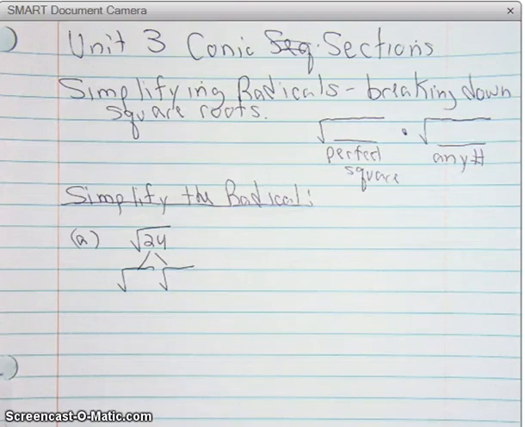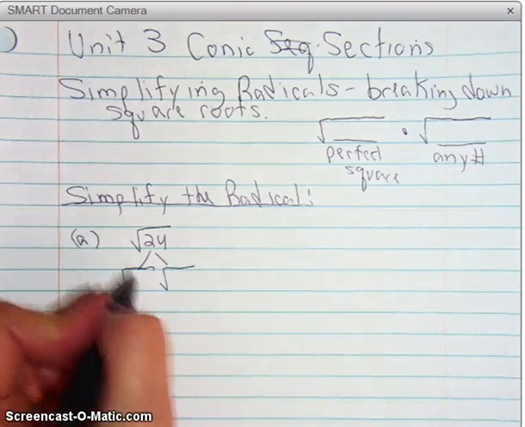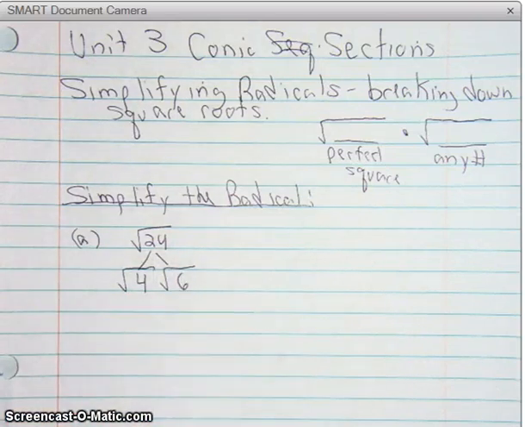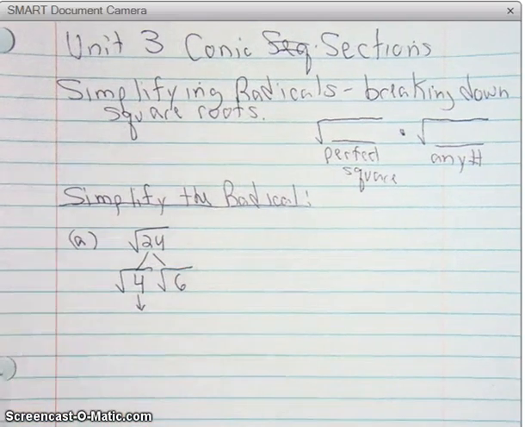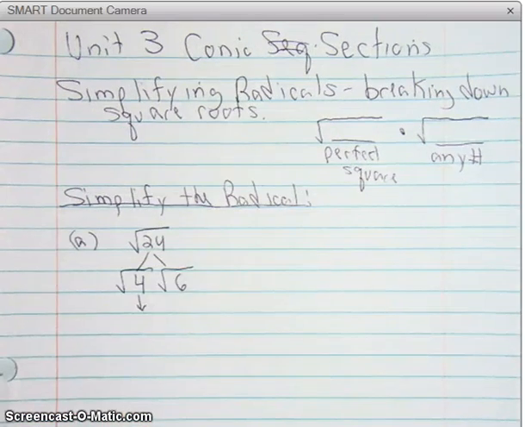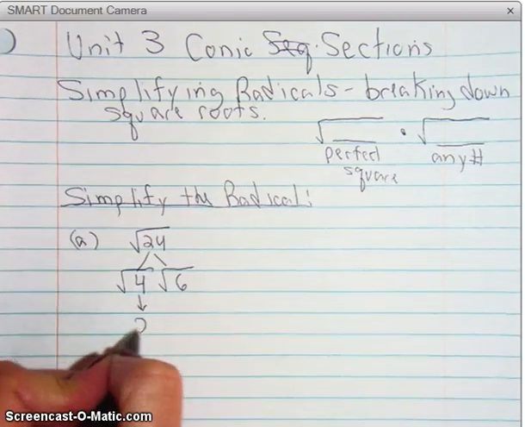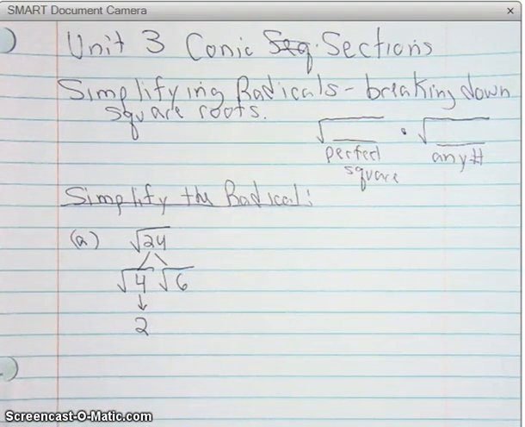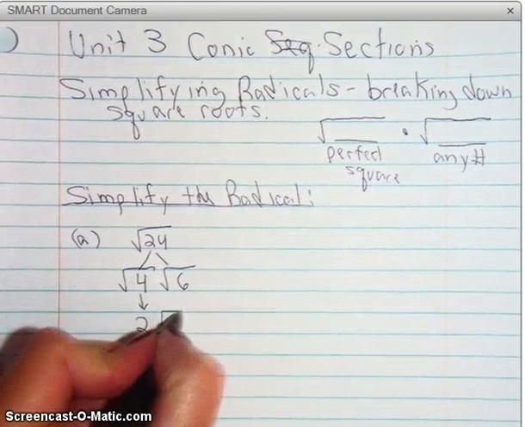Go ahead, Remy. Okay, good. 4 times what, Remy? 6. Good. And if this were the elbow drill, and I asked you what is the square root of 4, what would you tell me? 2. And as soon as you say the square root of 4 is 2, that 2 comes out of the root, and the square root of 6 stays.